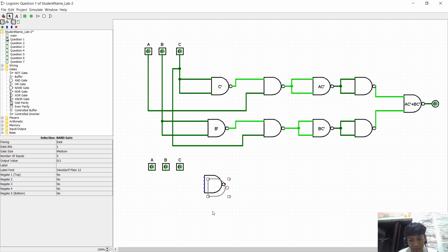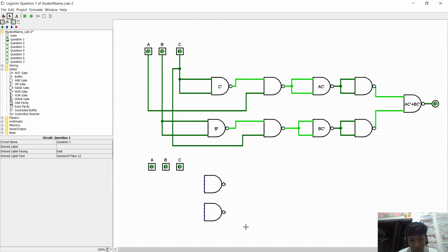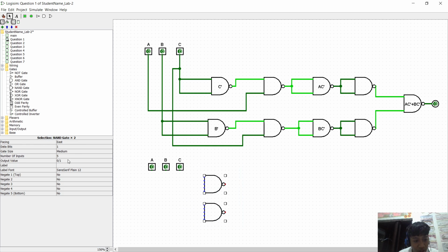We copy and paste to have an efficient number of inputs.